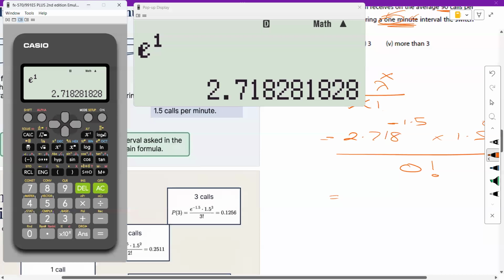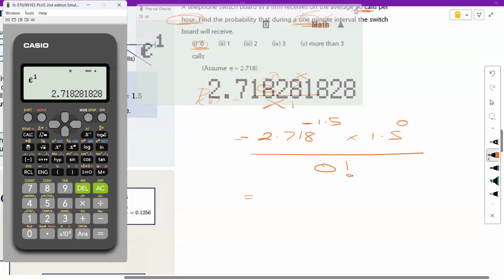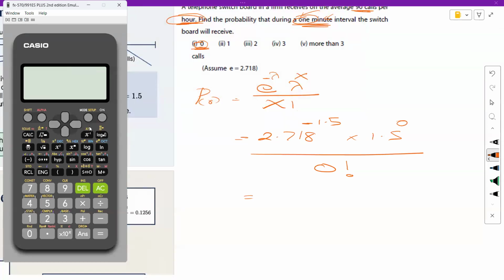I can use the calculator here. Directly we can apply E, 2.718, to the minus 1.5, into 1.5 to the power 0, and 0 factorial.